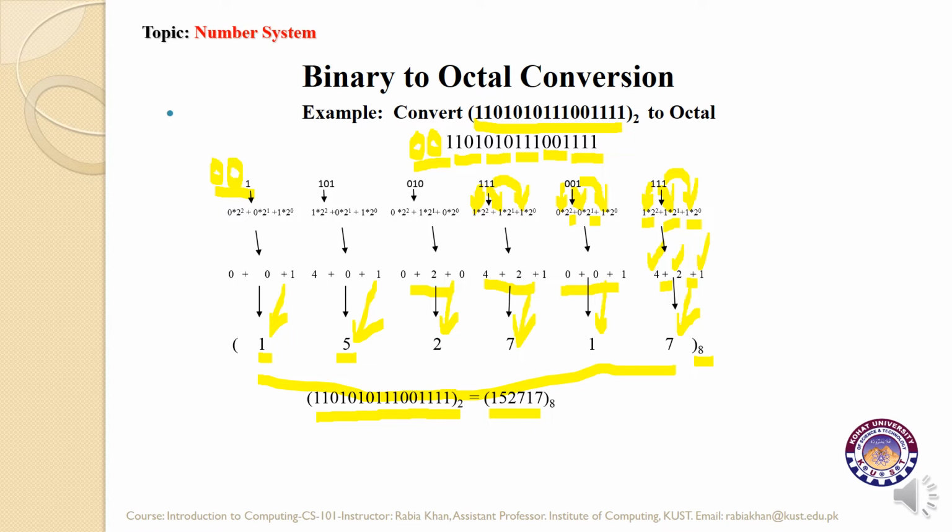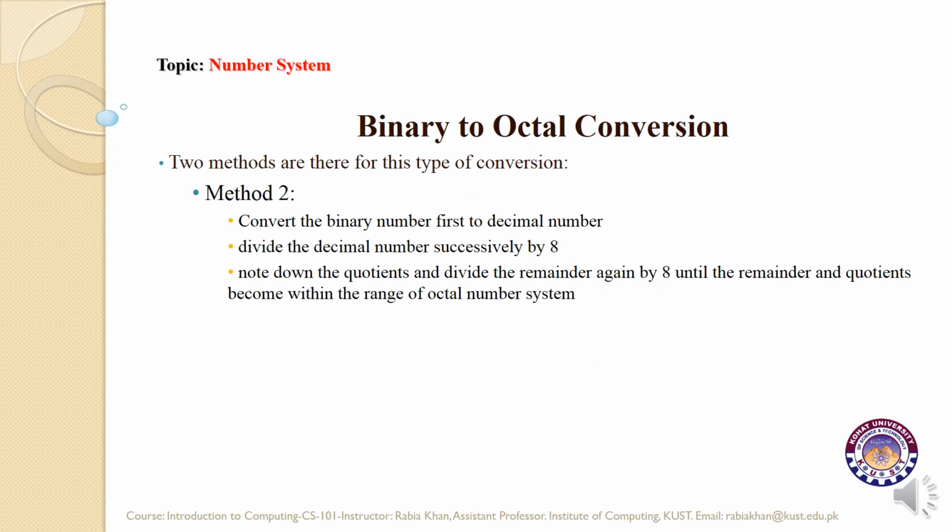Now let's see another method. The second method has two steps. First we have to convert binary number into decimal number, and then decimal to octal conversion will be performed. Both the methods we have already performed in previous lectures.